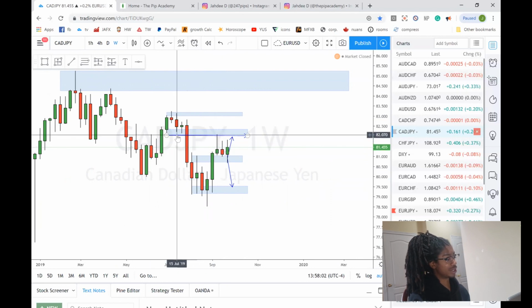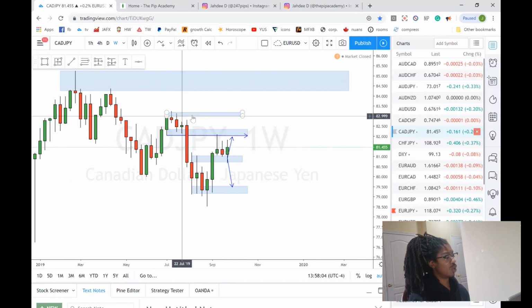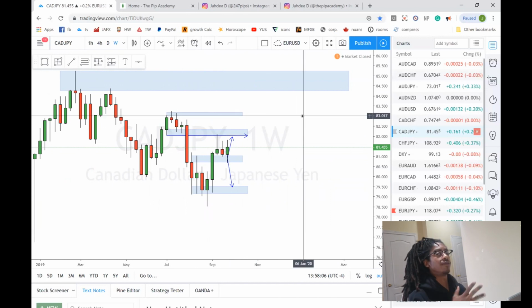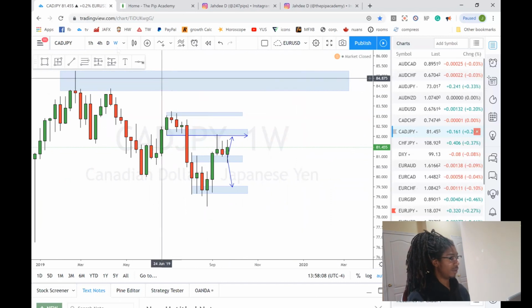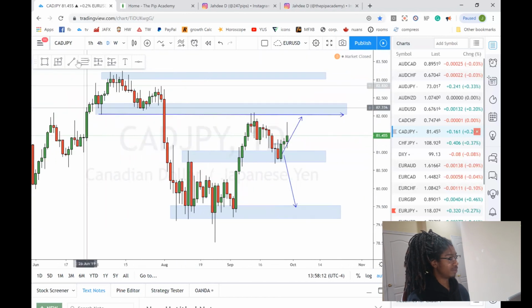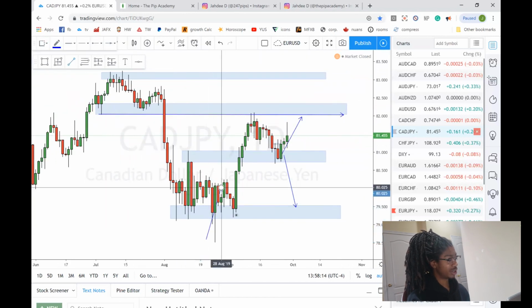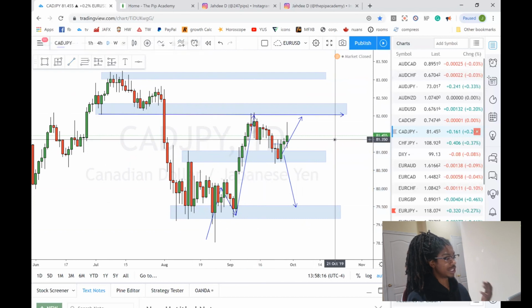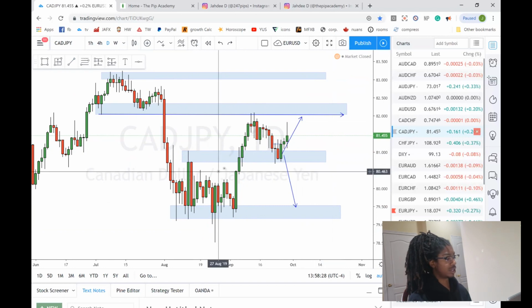From there, we can either see price reject this resistance or reject this resistance and still be valid shorts, right? From the lower time frame, we can see that we're getting some bullish market structure here. This tells us an indication that the short-term trend is up while the larger trend is down. So normally, if you're looking to buy this pair, you're only buying in the short term and you're selling in the long term.